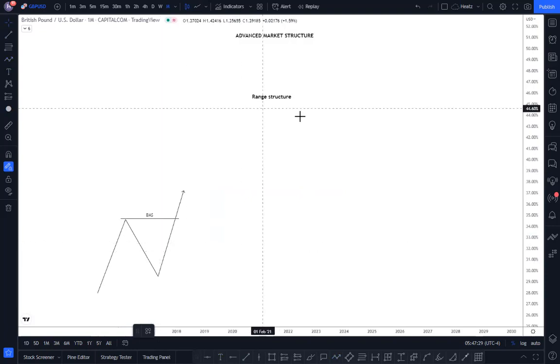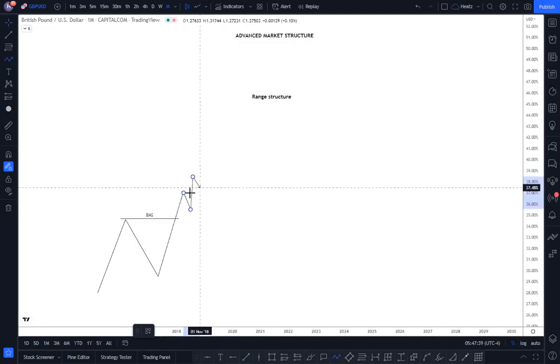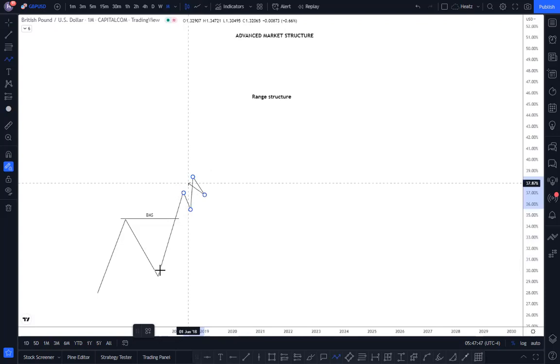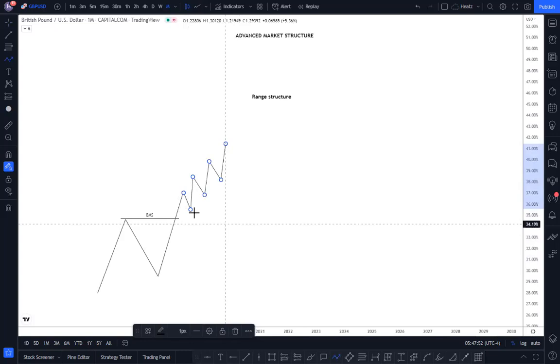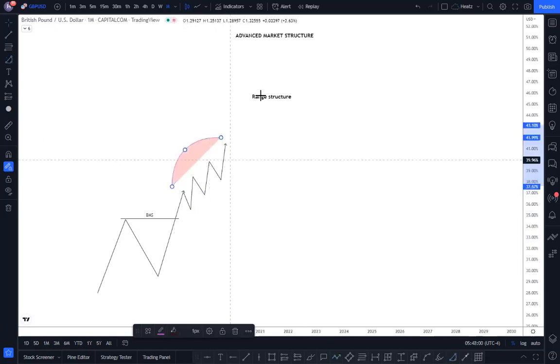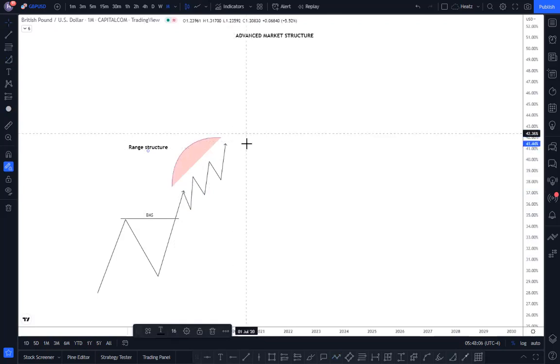To understand the concept of range structure, after we've gotten a BMS, price gives us little structures, and these structures have not given us a deep pullback into the range being created here. It keeps giving us this little structure around this area. So this is what we call range structure. All this is called range structure.